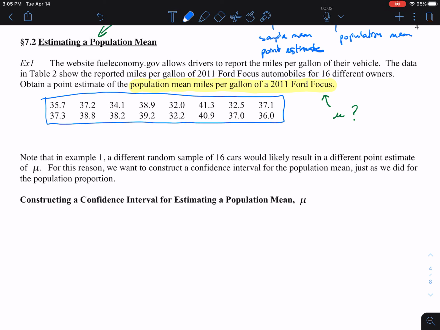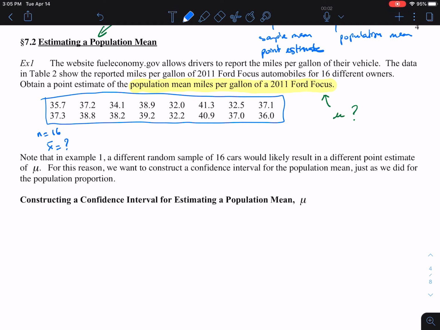So we can use this sample of 16 data values and then calculate an x bar from there, and that would be your estimate. Again, that's not quite accurate because our sample size is so small. We don't know if the value is good or not. To get a better estimate, we need a larger data set.